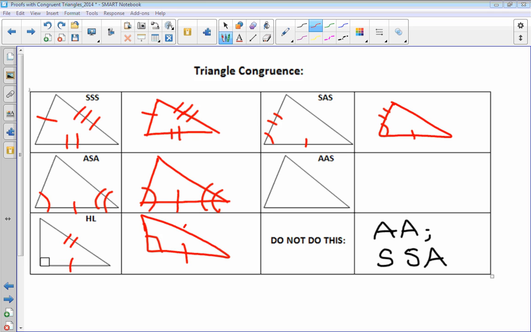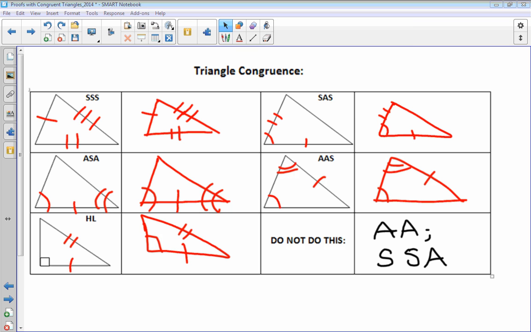The hypotenuse has to be marked as well. I agree everything else looks great. Angle, angle, side would look something like this. We have 2 angles, but the side is off to the end. It looks something along those lines. Okay? So just make sure you have those written down.